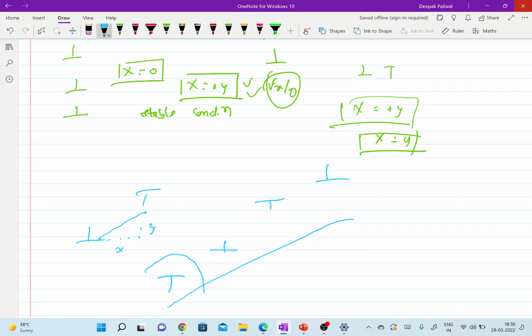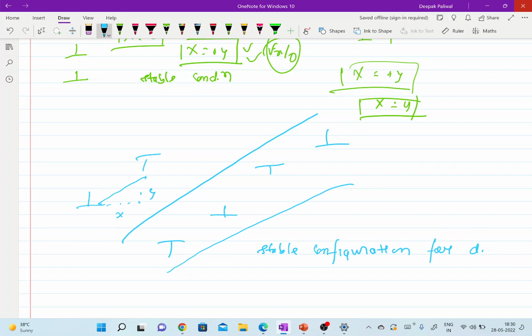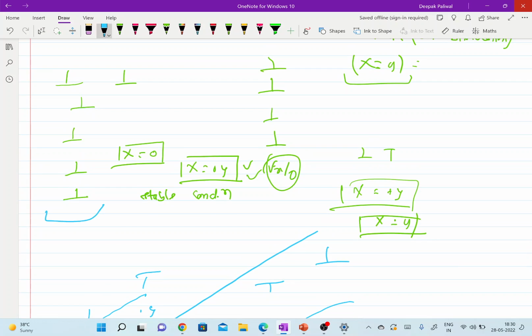Okay, so this is the stable configuration for dislocations with opposite sign, or this is the stable configuration for same sign.